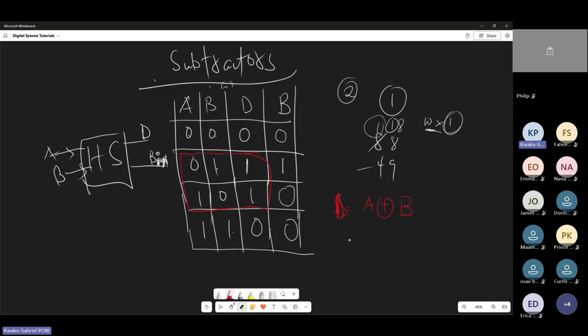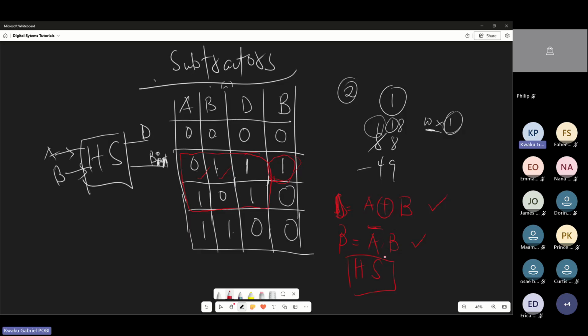If you check this well, because that's only what is giving us 1 or a high. Then the borrow is just this place. So that one, when you check the inputs, is A bar and then B. So this will be the difference. This will be the borrow in this case, if you have a half subtractor. So in a way, it's looking like the half adder, but then here you have a bar.